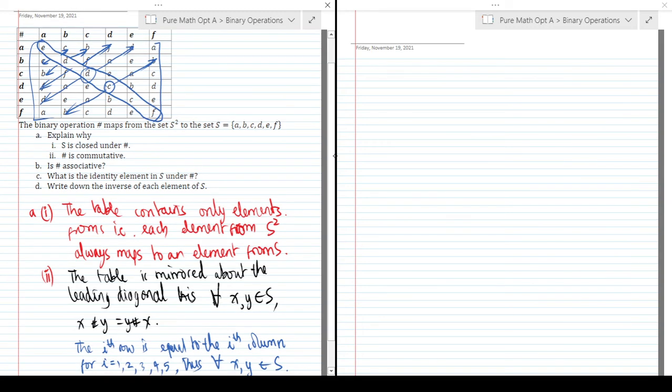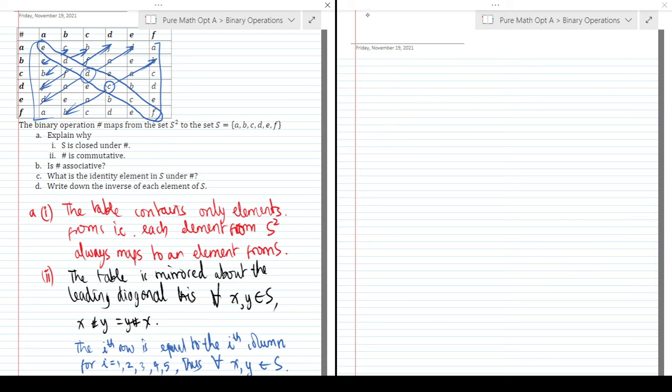Or you could also look again down the leading diagonal, and if you go outward through the table, you realize it's the same thing moving outward from the leading diagonal of your table, right? That's how you know when you have a commutative operation as defined by a multiplication table.